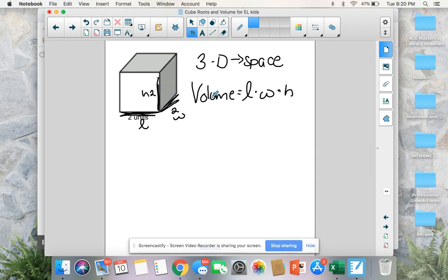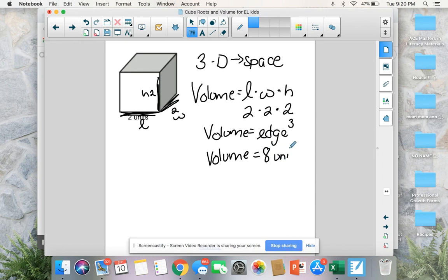So now if I know that length is 2, and width is 2, and height is 2, I could say that volume is one of those measurements, the measurement of an edge, just to keep it simple, to the 3rd power. So my volume equals 2 times 2, which is 4, times 2, which is 8. So 8, and here it's just units, because that's what it gives me right there, cubed.